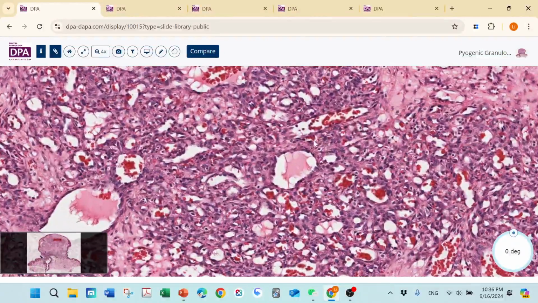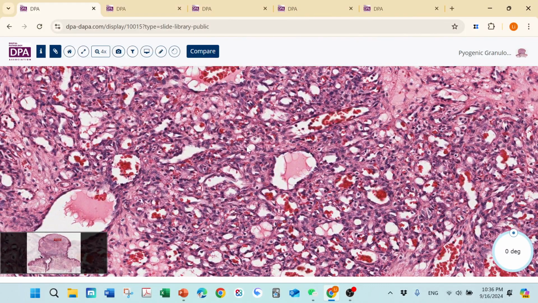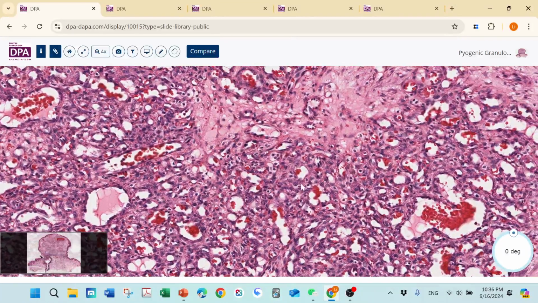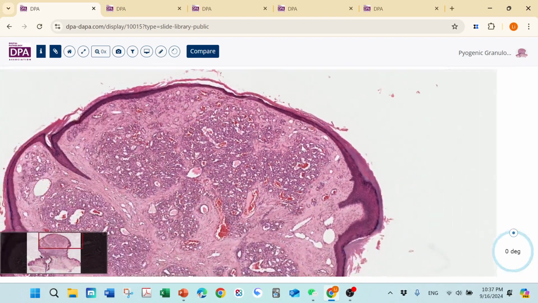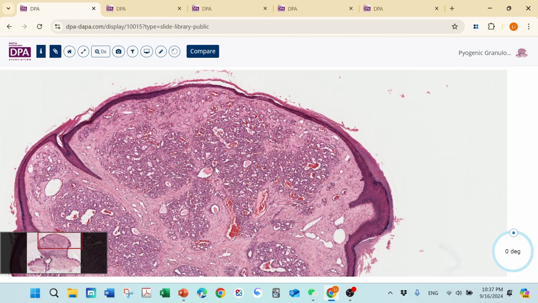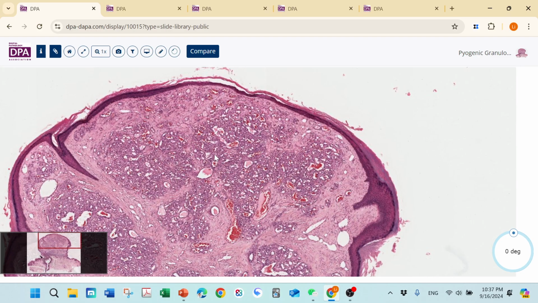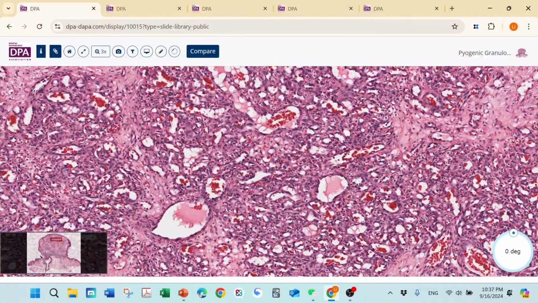And then you can see different kinds of inflammatory cells, lymphocytes, maybe some plasma cells and neutrophils, but you won't see one population. One entity you always need to bear in your mind: if you find this lobular structure and everything fits for pyogenic granuloma or lobular capillary hemangioma, but you find tons of neutrophils around, one diagnosis you need to pay attention to is bacillary angiomatosis, which is an infectious disease caused by Bartonella.